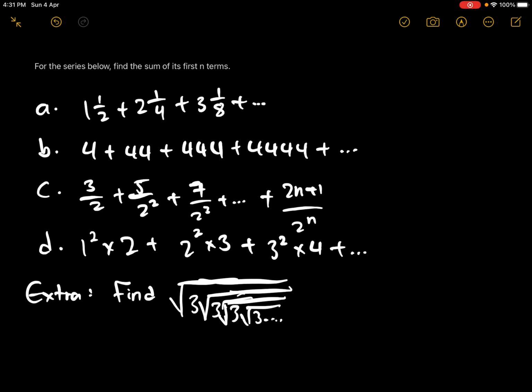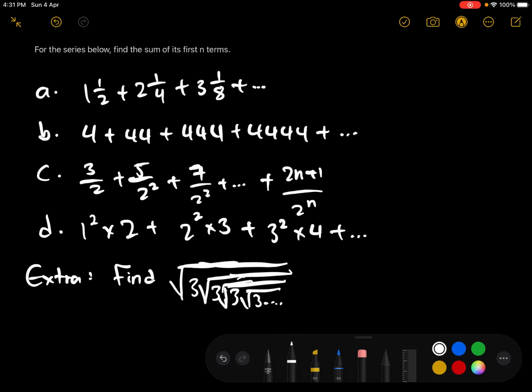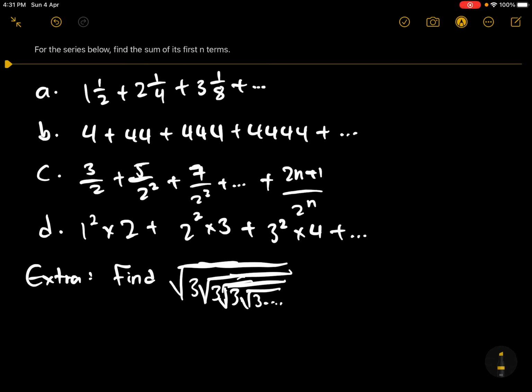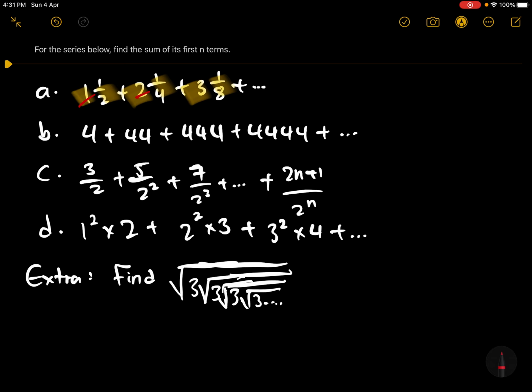So you see A is 1 over 2 plus 2 1 over 4 plus 3 1 over 8 plus dot dot dot. As you probably notice, there are two separate areas. There's the 1, 2, and 3, and then there's the 1 over 2, 1 over 4, and 1 over 8. 1, 2, and 3 are APs, and 1 over 2, 1 over 4, and 1 over 8 are all GPs.